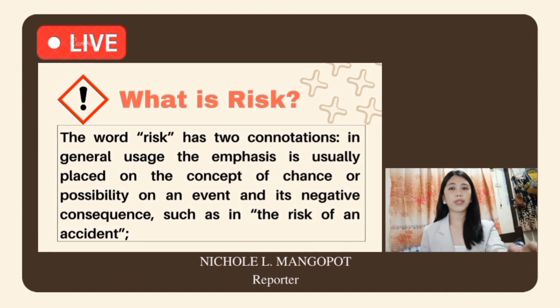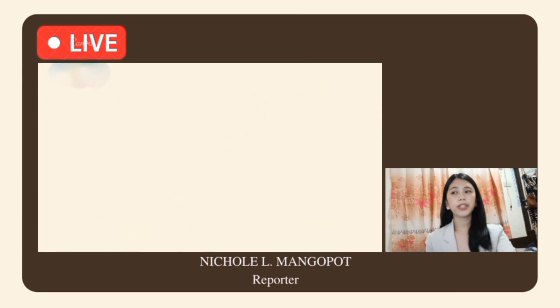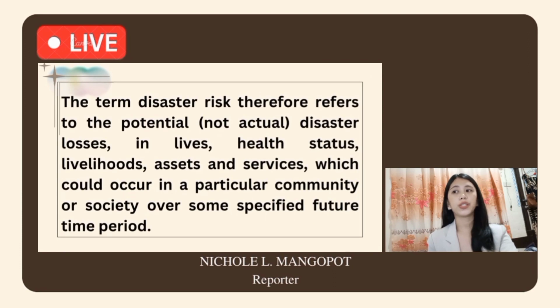The level of risk reflects the likelihood of the unwanted event and its potential consequences. The term disaster risk therefore refers to the potential, not actual, disaster losses in lives, health status, livelihoods, assets, and services, which could occur in a particular community or society over some specified future time period.